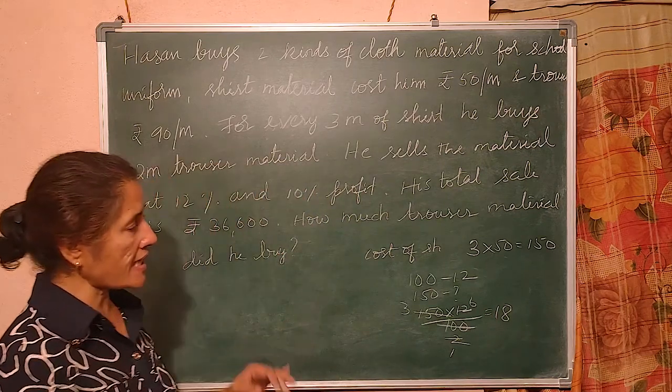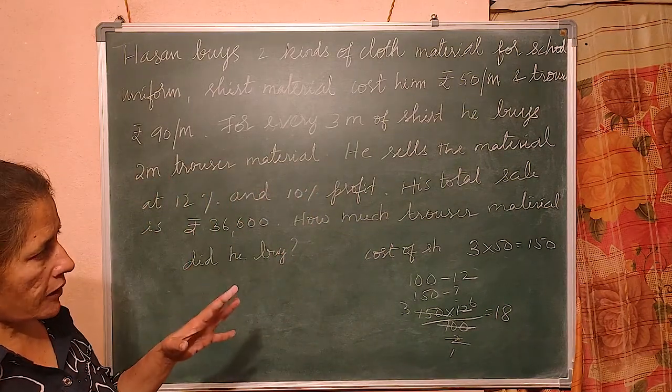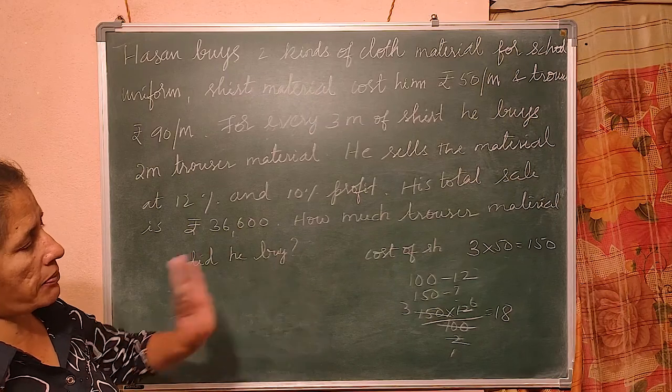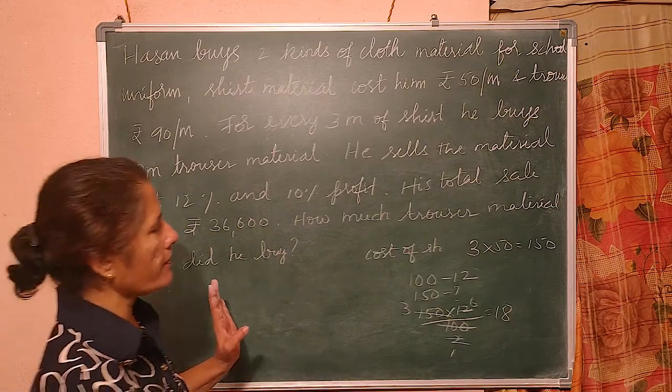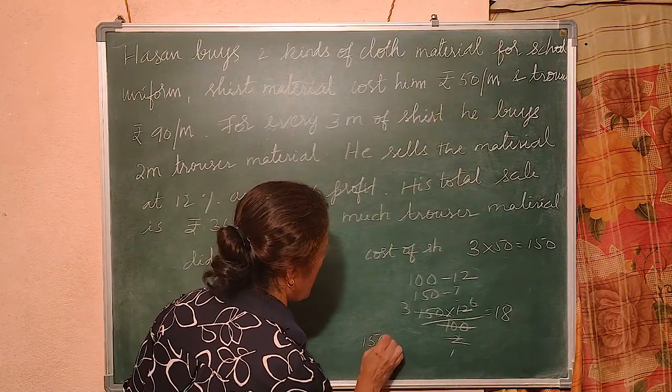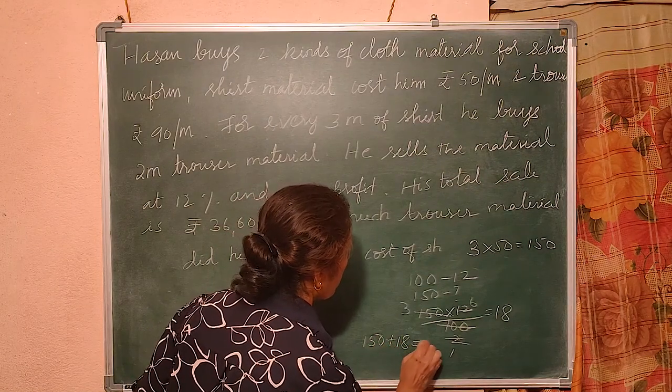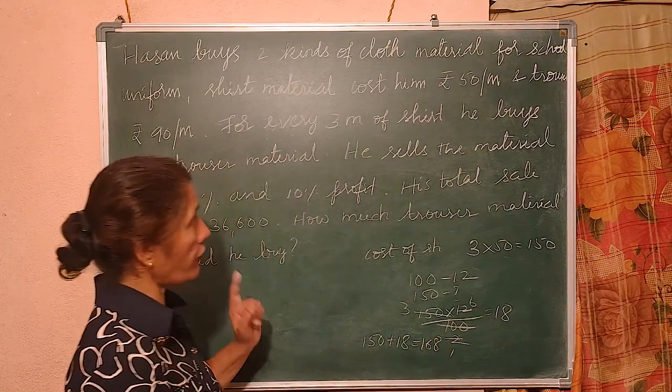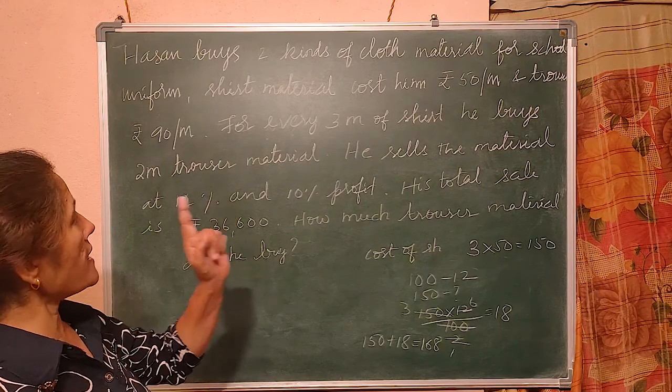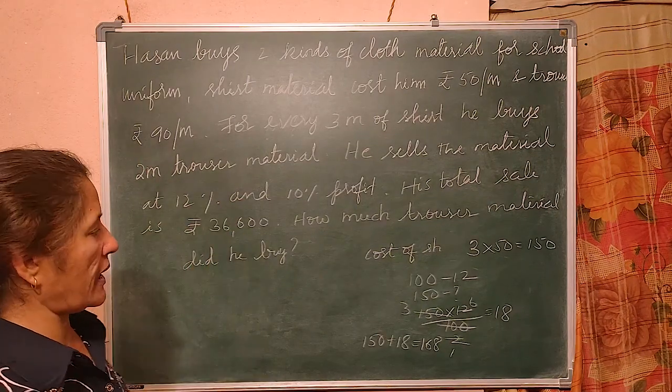So, what is his cost of shirt material after his profit? 150 plus 18. How much? 168.